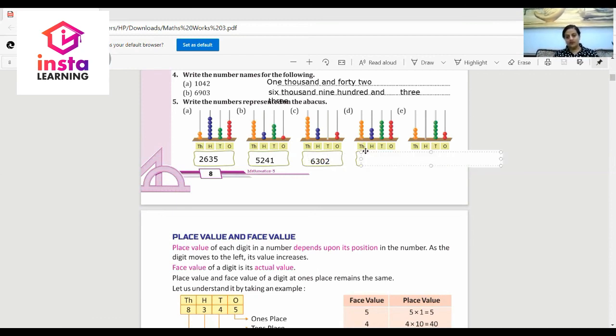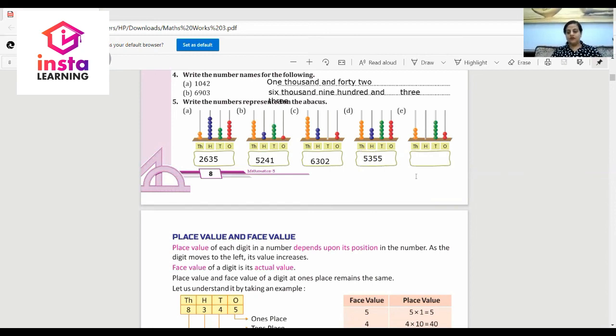Okay, students. Next is how many balls are there? 1, 2, 3, 4, 5. So 5 balls at thousand place, 3 balls at 100 place, then again 5 balls for tens place. It means it is 50. Next is 5 balls again at ones place. So it is 5 only.